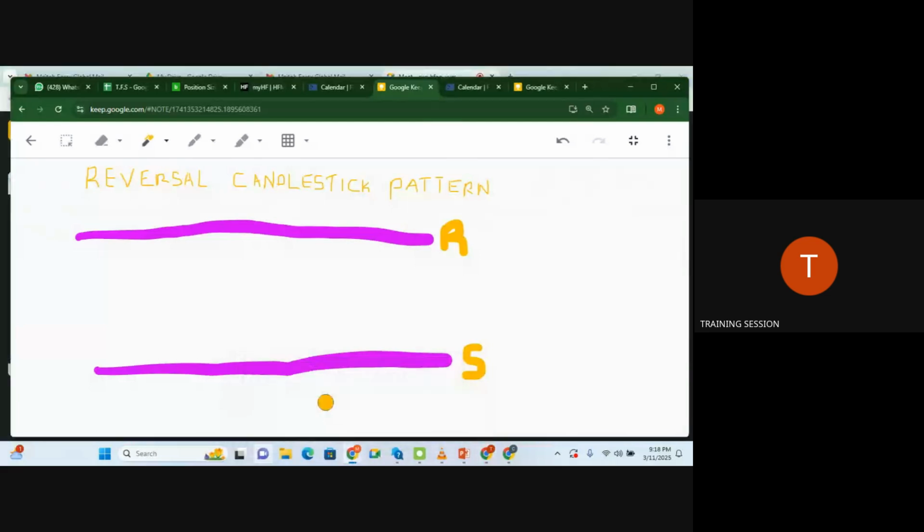Now, if I find myself at support and see these candles, they are the ones that confirm to me that I can buy or sell. The first candle that confirms a buy we call bullish engulfing. This is the diagram of bullish engulfing.